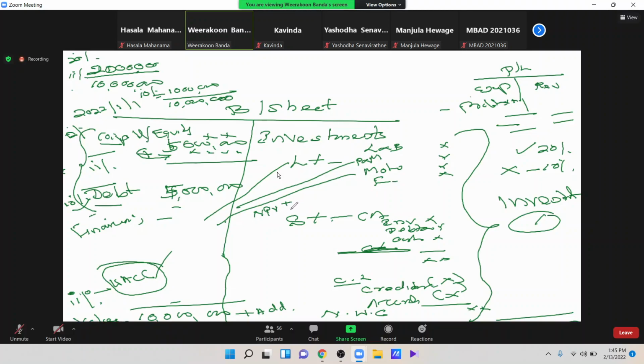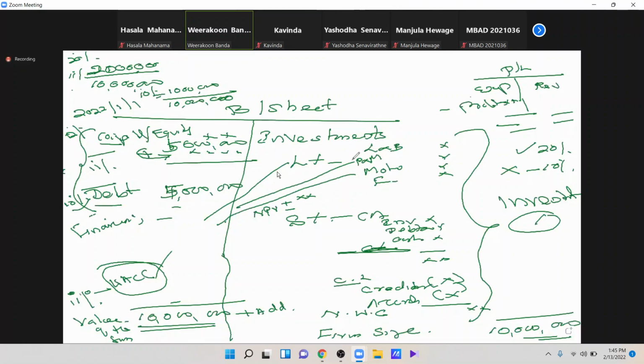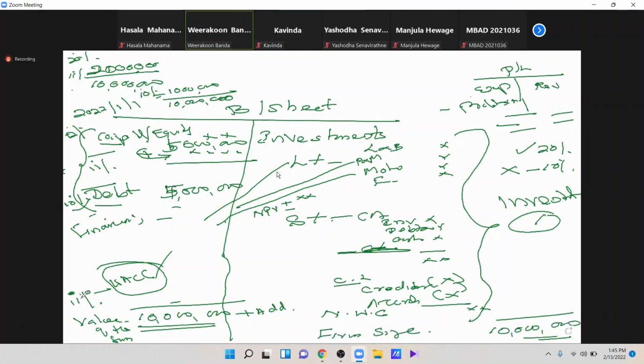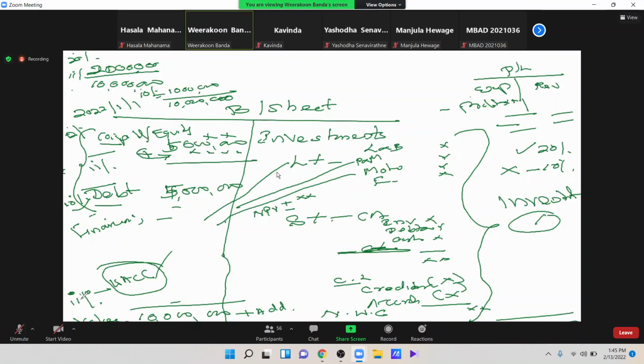That may be a positive value, that may be a negative value. If it is a positive value here, it indicates that particular investment generates more return than the company cost, more than the 11% rate.